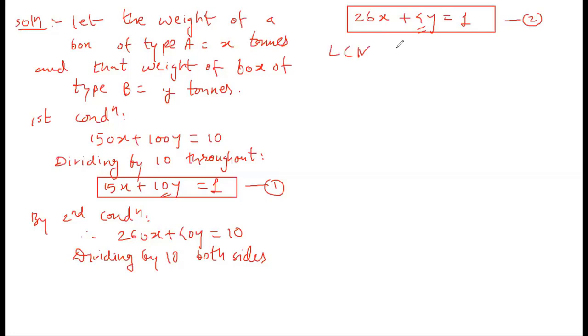The LCM of 10 and 4 is 40. Okay. So therefore, equation 1 we are going to multiply by 4. It becomes 60x plus 40y equals 4. Let me call this equation 3.